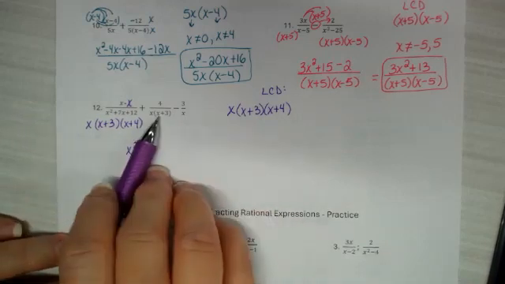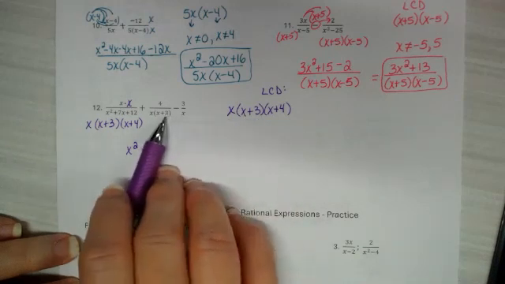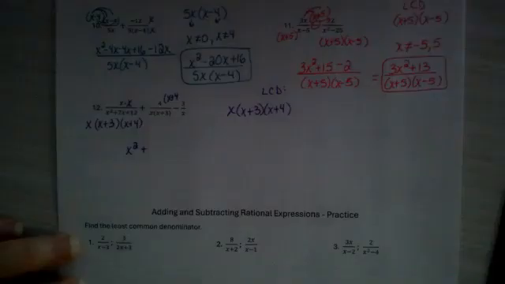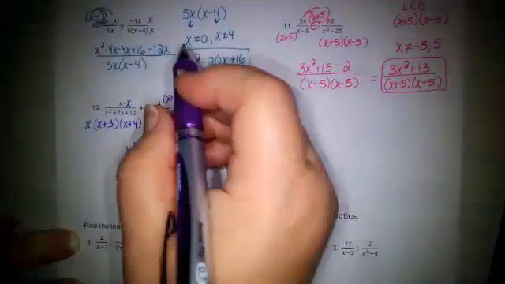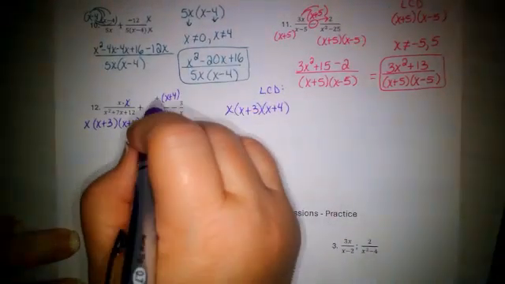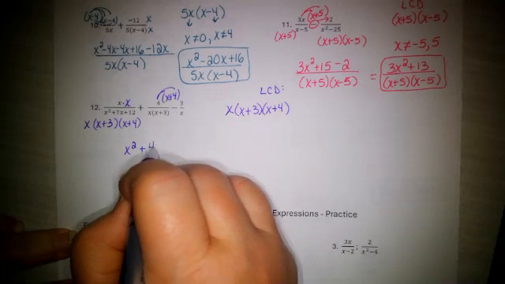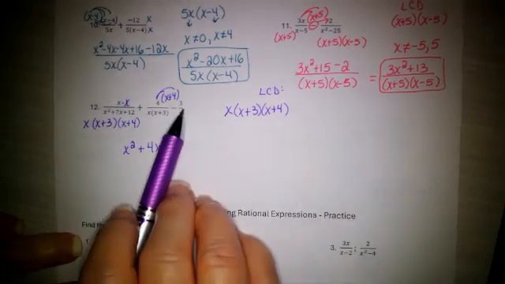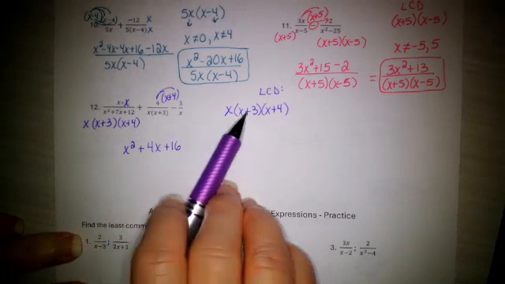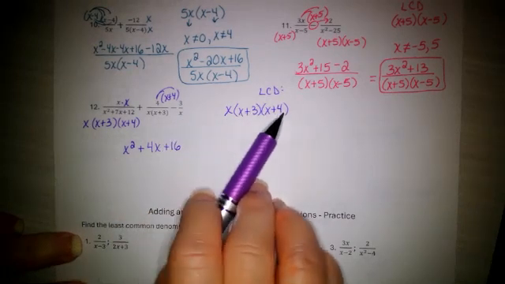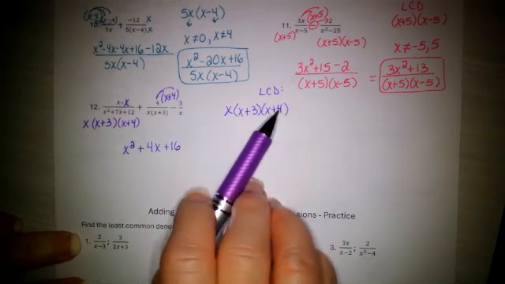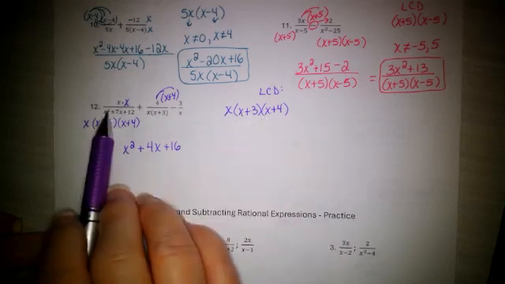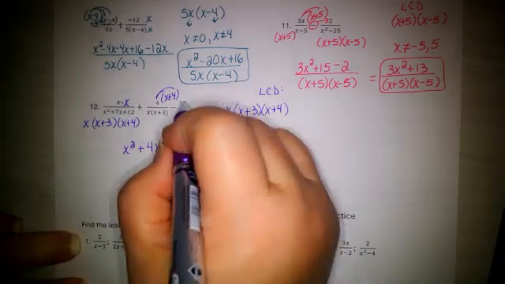My second fraction, compared to the common denominator, what's missing? It needs an x plus 4. So 4 times x plus 4 gives me 4x plus 16. And then my last fraction needs the whole x plus 3, x plus 4. Now, fortunately for us, I know what that is if I multiply it together. It was this x squared plus 7x plus 12.